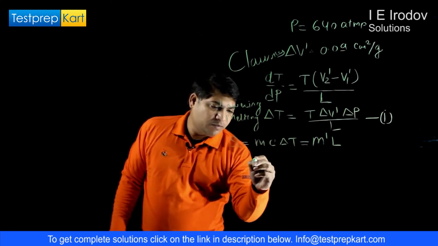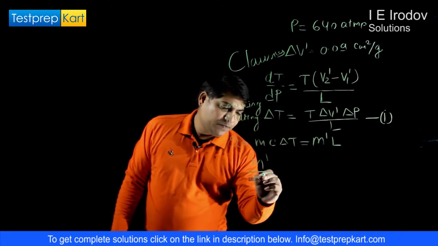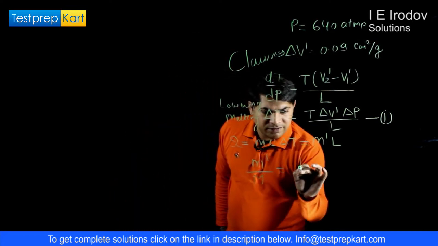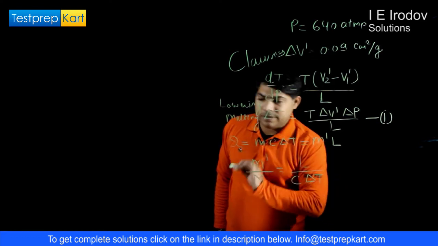Basically our objective is to calculate the melted mass divided by the original mass of ice, so m' over m equals C delta T over L.